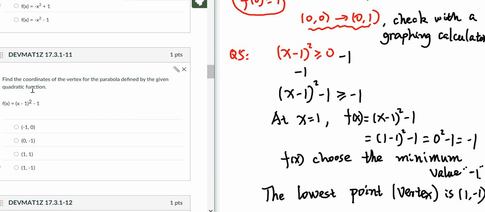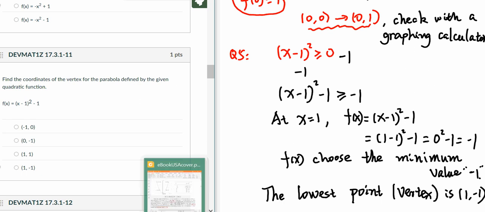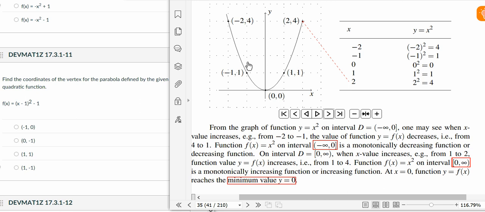Here we want to find the coordinates of the vertex for the parabola defined by the given quadratic function. The vertex, you can see here, is always the lowest point. At this point, when x is 0, y is 0, which is the minimum value.